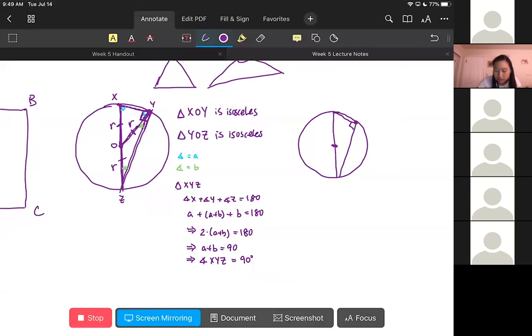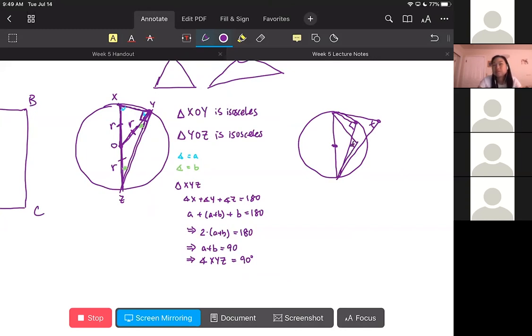Any point outside the circle is going to give us a less than 90-degree angle here. And any point that's inside the circle is going to give us a greater than 90-degree angle, so it's going to be obtuse. Does that make sense?